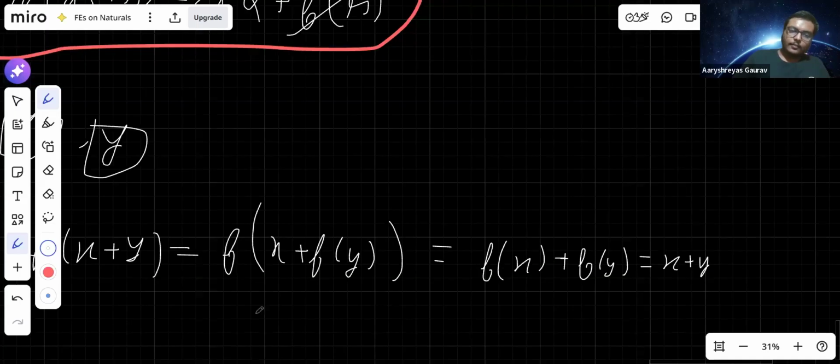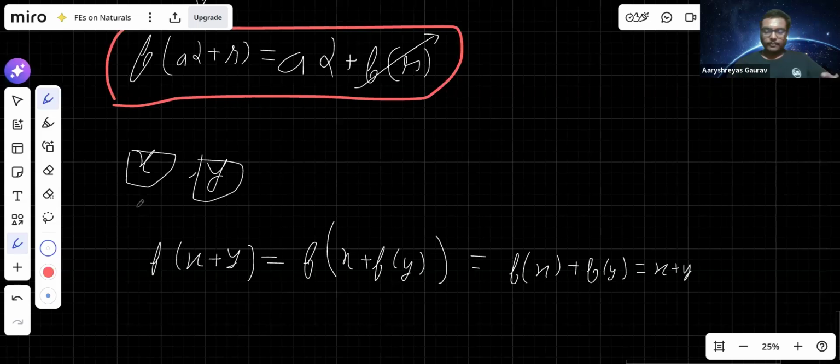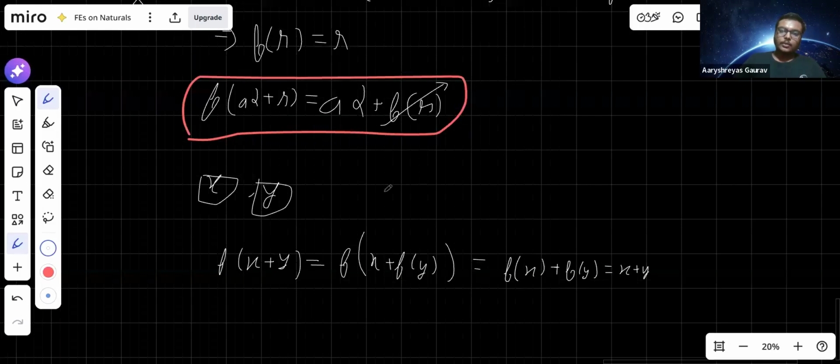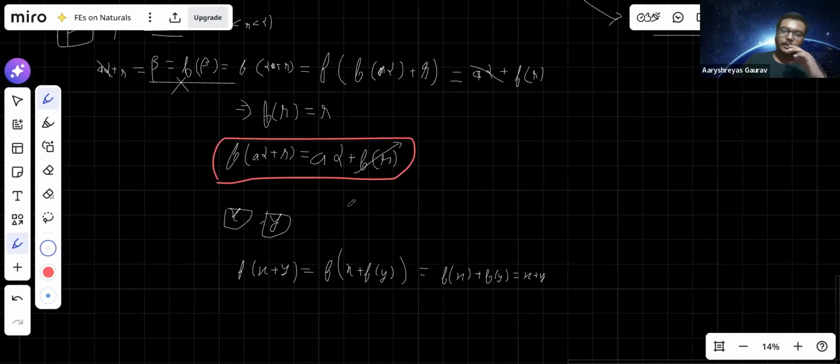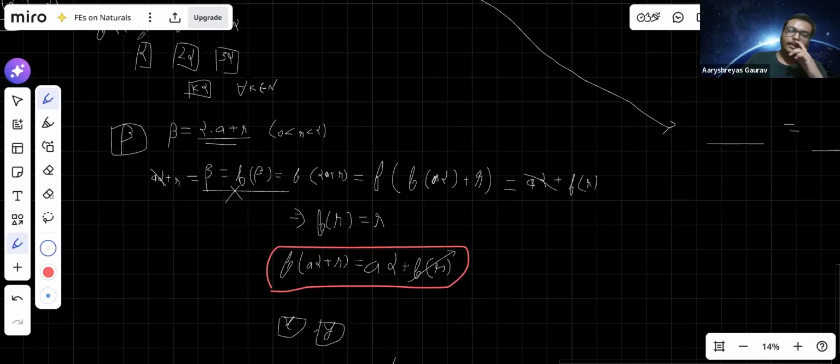So yeah, if x and y are fixed points, then x plus y is a fixed point. Well, I'm actually doing this so that all the fixed points are just multiples of alpha. There's no other fixed point.